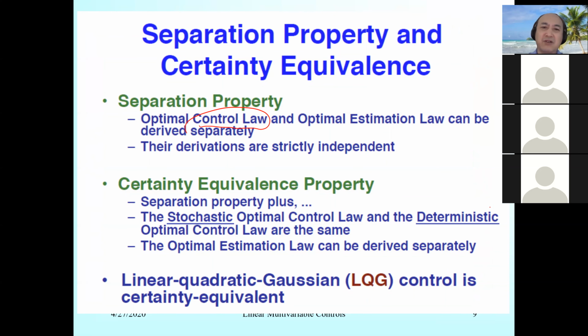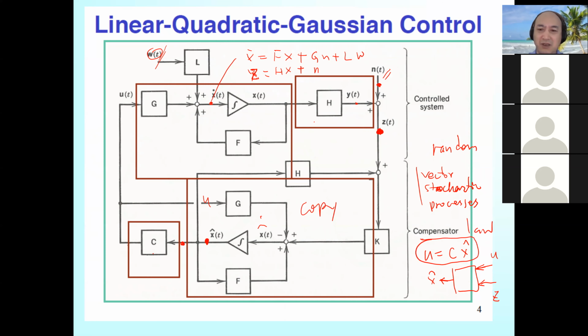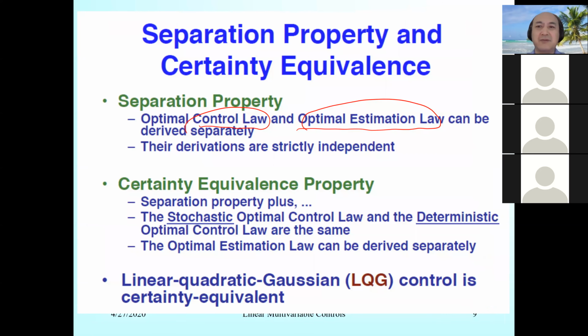And the estimation law, that is this one here. This is my estimation law, okay? These are separately derived, so the derivation can be strictly independent. You don't have to rely on each other, okay? So that's a separation property.